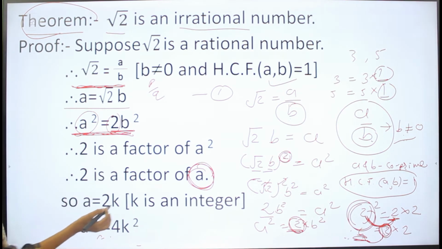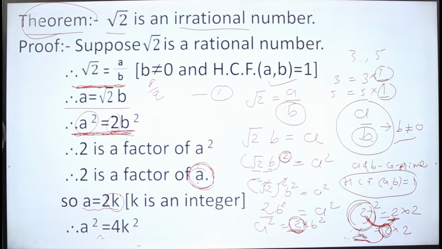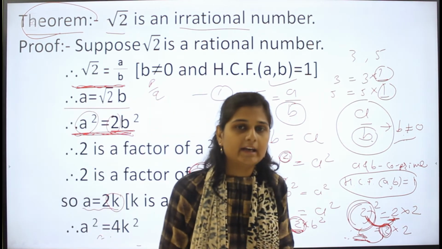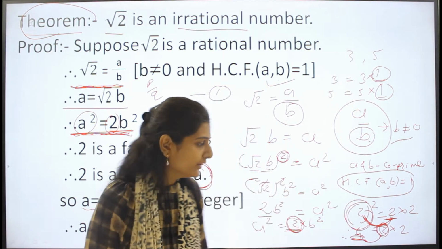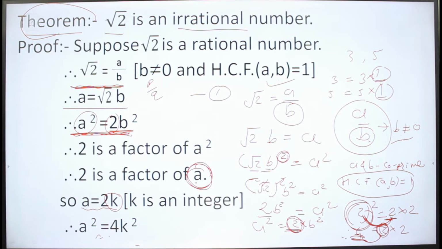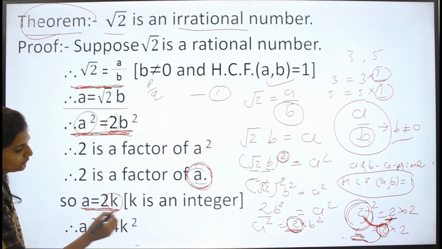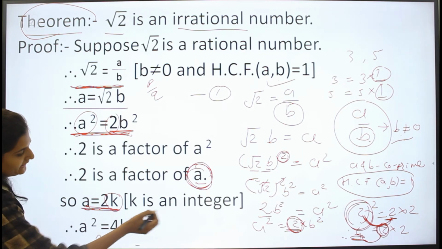Now if 2 is a factor of a, you can write it like this: a is equal to 2k, where k is any integer. If any value is a factor of another value, you can show it by taking any integer.